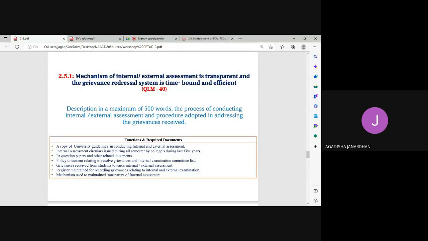You need to mention how many grievances may be received in an academic year, including both semesters. If one student has not been allotted IA marks, that can be considered a grievance. If one student is unable to attend the IA exam, that also can be considered a grievance.